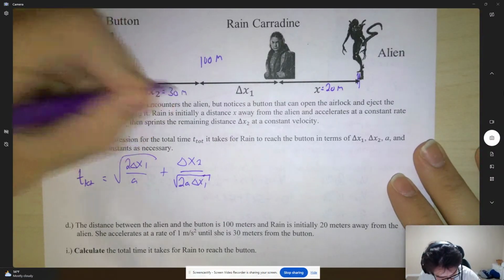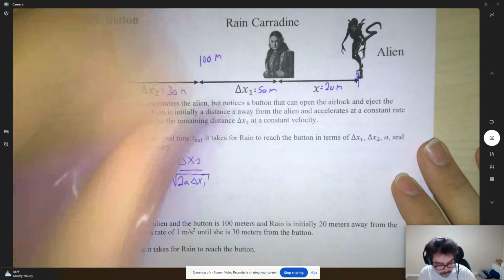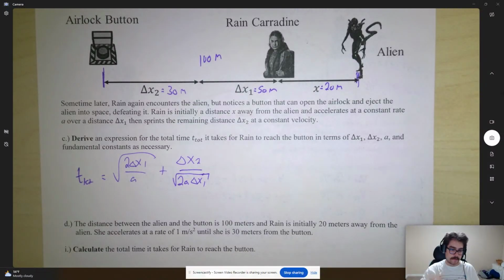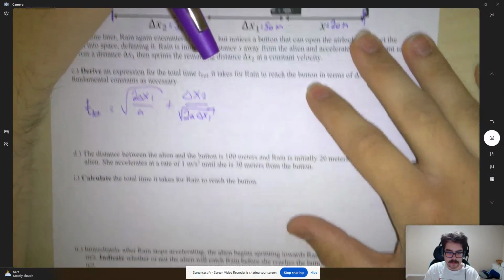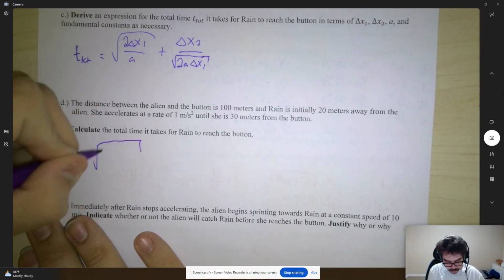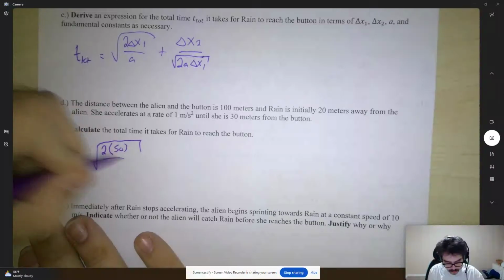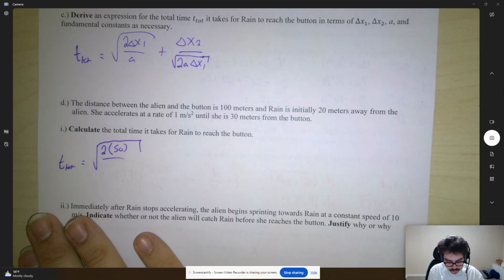So that's this right here. That's 50, so this has to be 50. How much time does it take for Rain to reach the button? Plug everything in. T total is equal to root 2 times delta x1, which is 50, over the acceleration, which is 1.